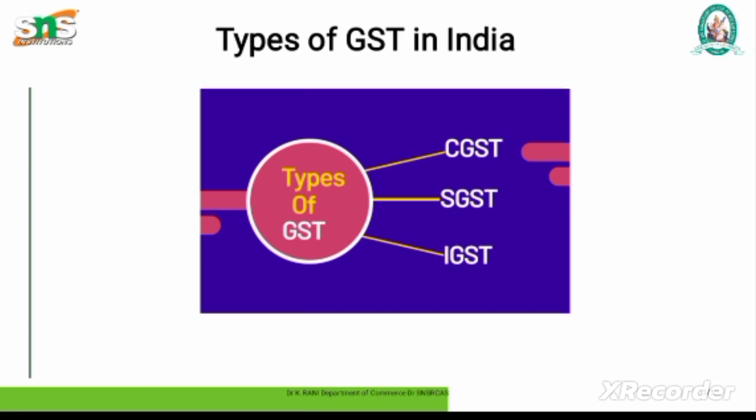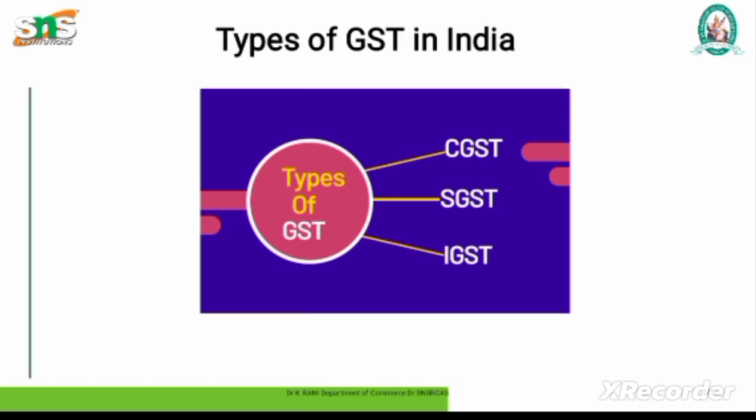State Goods and Service Tax. The State Goods and Service Tax or SGST is a tax under the GST regime that is applicable on intrastate transactions. In the case of intrastate supply of goods and services, both state GST and central GST are levied.